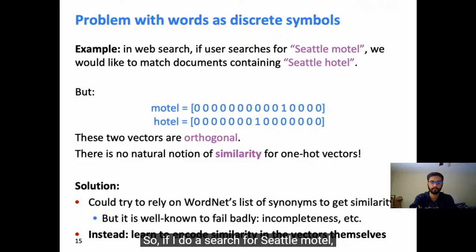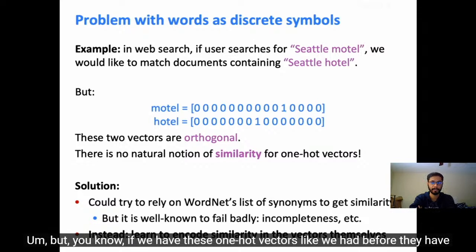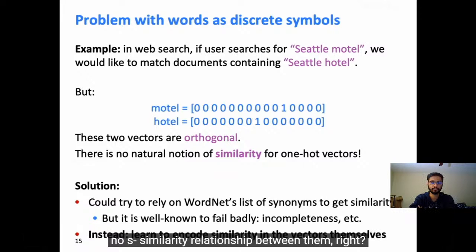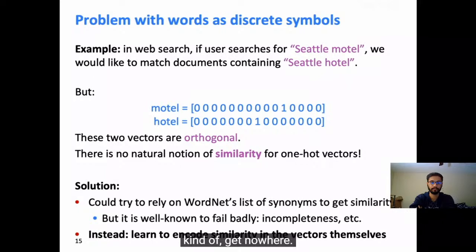If I search for Seattle motel, it would be useful if it also showed me results that had Seattle hotel on the page, and vice versa, because hotel and motel is pretty much the same thing. But if we have these one-hot vectors like we had before, they have no similarity relationship between them. In math terms, these two vectors are orthogonal, with no similarity relationship between them. And so you get nowhere.